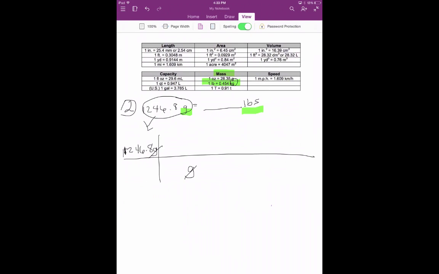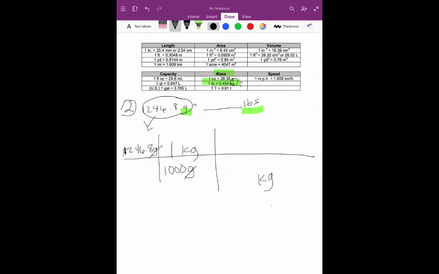So we have 1,000 grams per 1 kilogram. Now we're looking right for this up here. So getting rid of kilograms, our kilograms go on the bottom. We have 0.454 kilograms is equal to 1 pound.